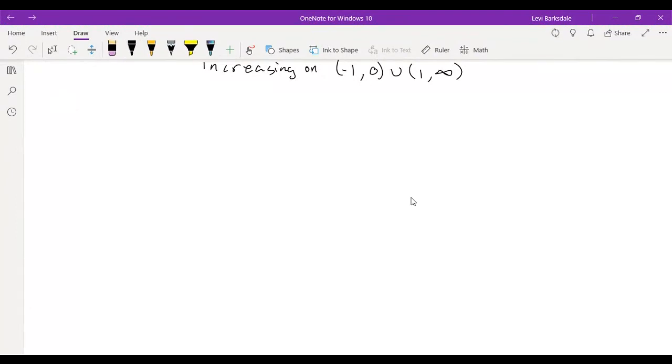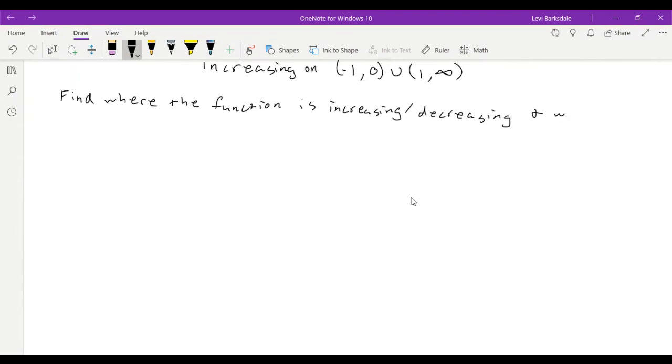Suppose I give you instructions: find where the function is increasing or decreasing, and where local extrema are, so where its maximums and minimums are. Just the x value, I don't need the y values.